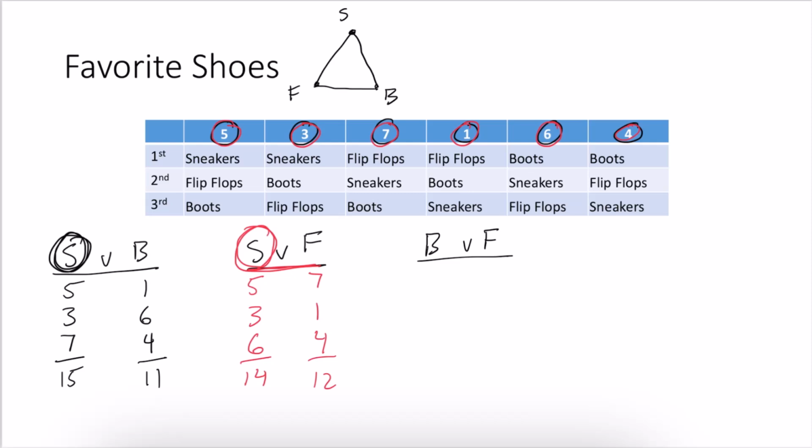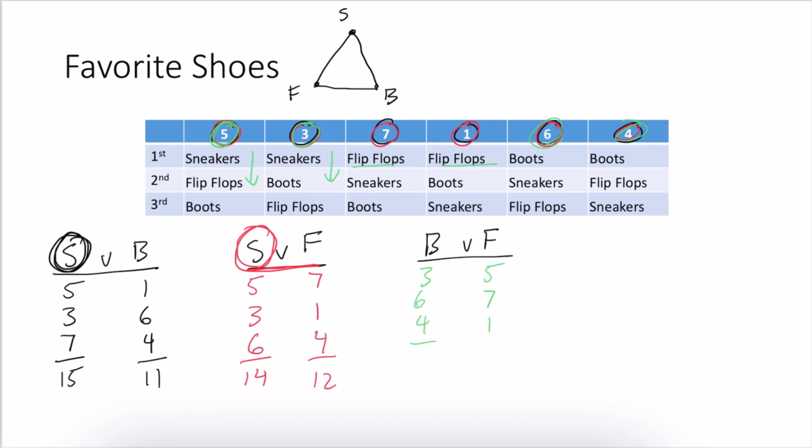So if I'm doing boots versus flip-flops, these 5 votes are going to go to flip-flops because flip-flops come before boots. These 3 votes will go to boots. The 7 votes will go to flip-flops, as will the 1 vote, because in that case, flip-flops were the first choice, so they're obviously the most preferred. And then these 6 and 4 votes will go to boots.